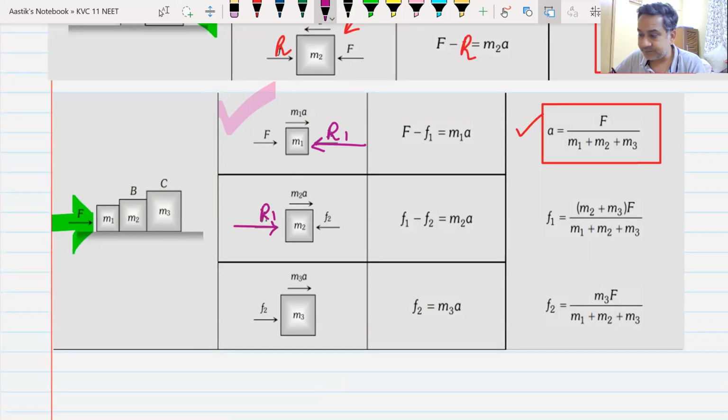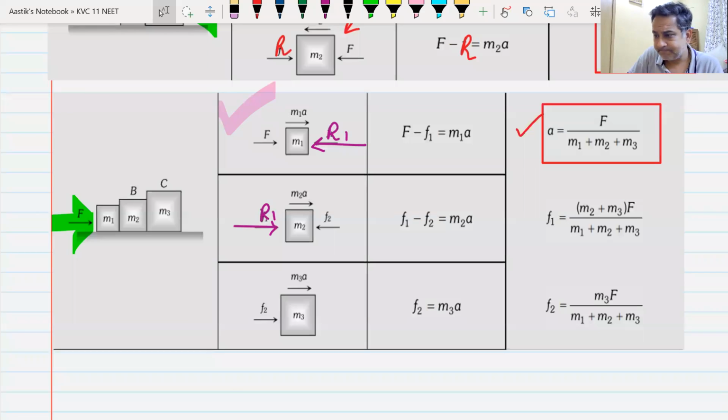Again, block 3 will apply R2 here. Block 2 will apply R2 here.